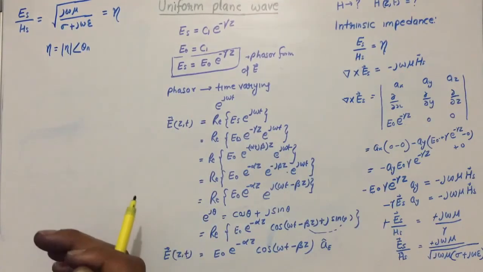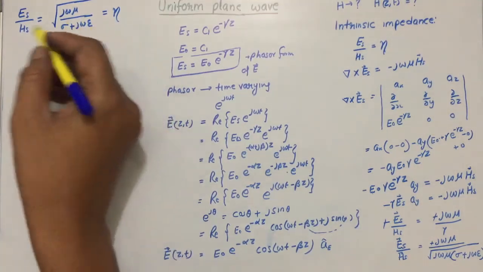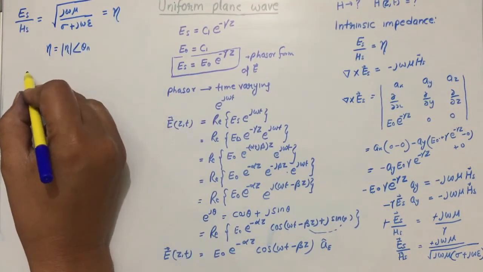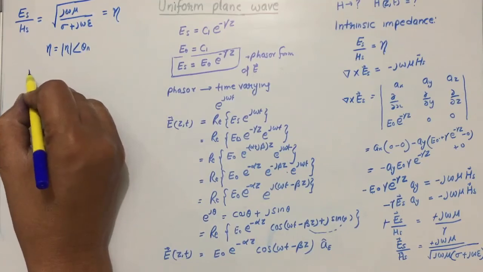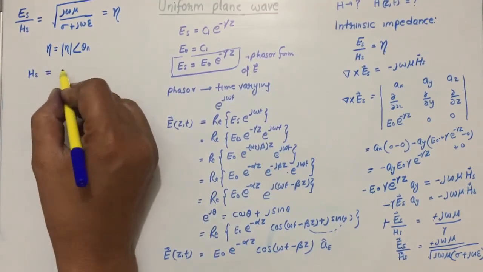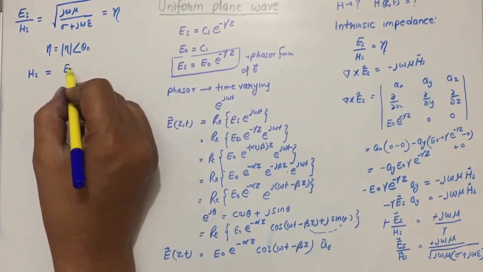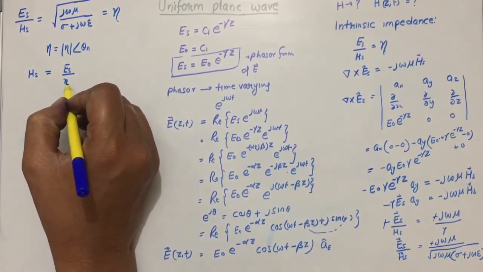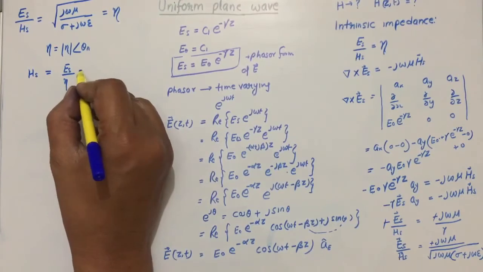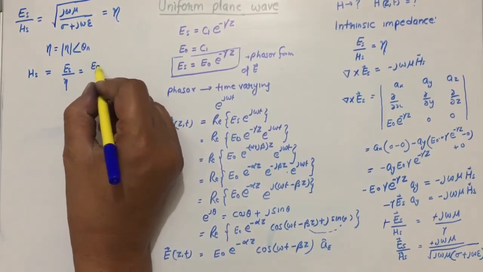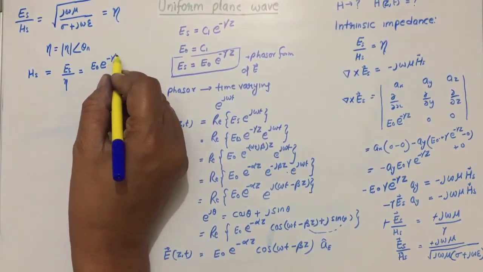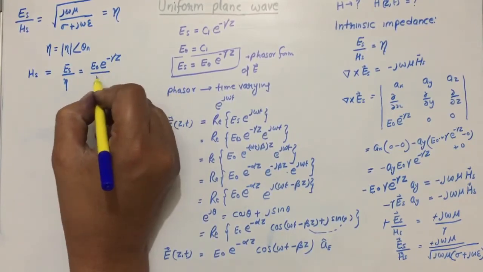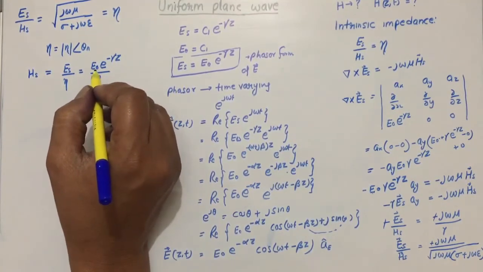Now the phasor form of H can be found from here. Hs can be found by Es divided by the intrinsic impedance, and it can be further written as E naught e to the power minus gamma z divided by the intrinsic impedance.